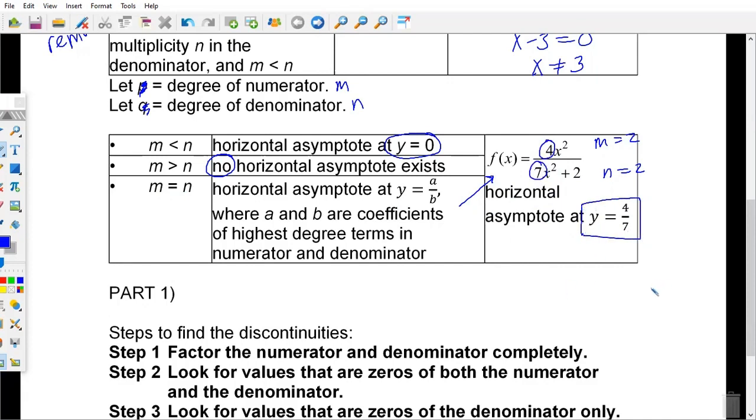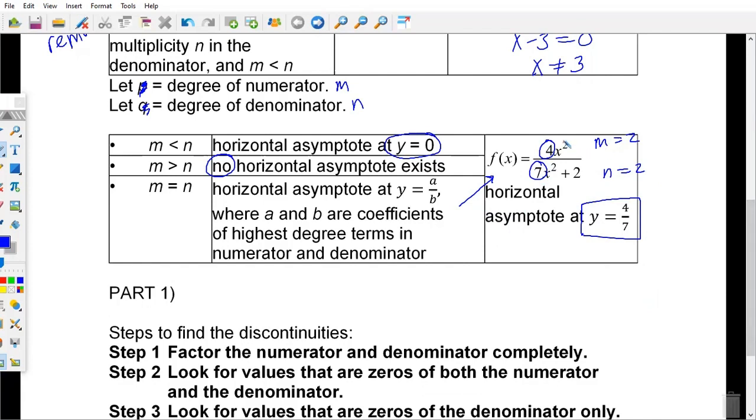The degree is the highest power of the variable. So if it was x cubed, it would be a third degree. Not 2 cubed, that's 8, which is just a number. Only the highest power of the variable counts.